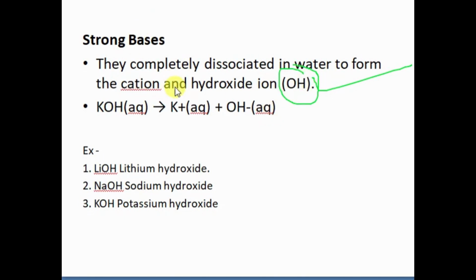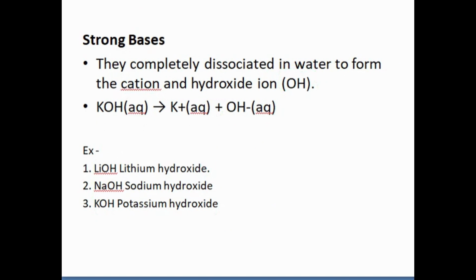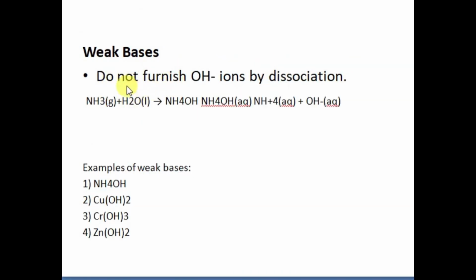This is the reaction, and these are examples of strong bases: lithium hydroxide, sodium hydroxide, potassium hydroxide. Then we have weak bases. As I've already told, this is the reaction for a weak base, and these are some examples of weak bases. So, I hope this is clear.